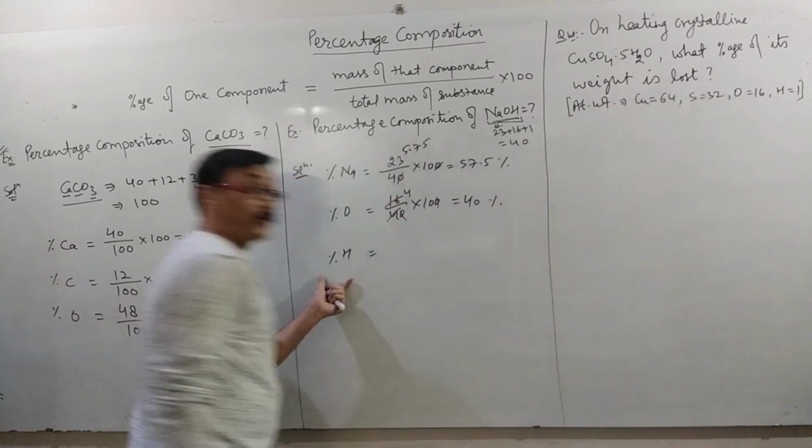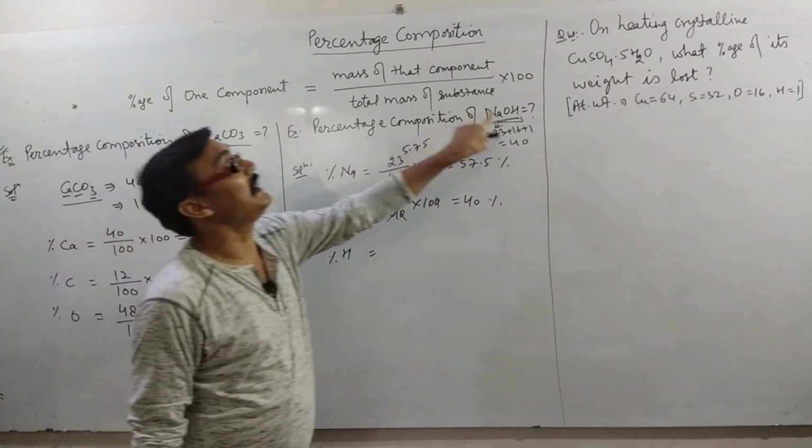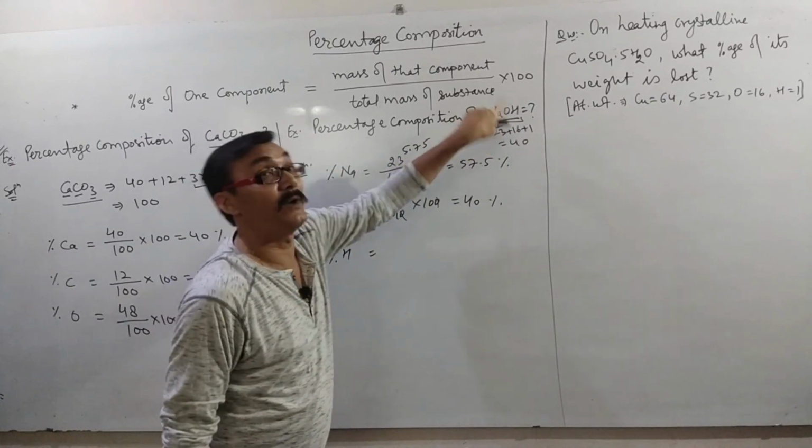The percentage of hydrogen: there are 3 elements in NaOH.